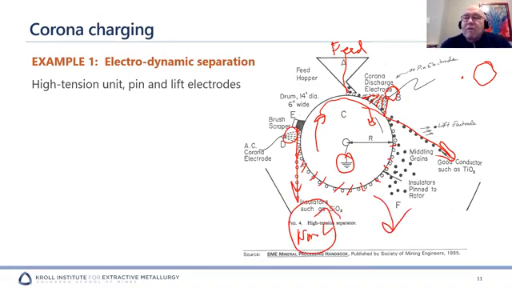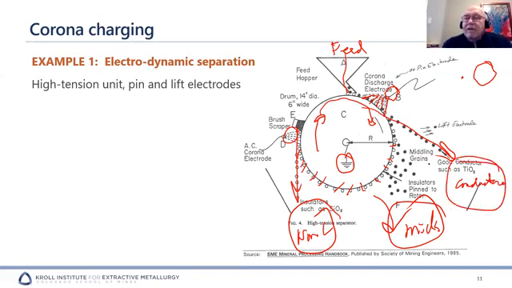We have sort of the middling here, the mids coming off, and up here we have the conductors coming off in this area. Sometimes we use a lift electrode here that will actually help pull the conductors up in its path and bring them out a little bit further. So this is a high tension unit with both pin and lift electrodes.